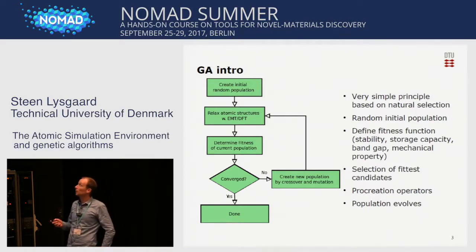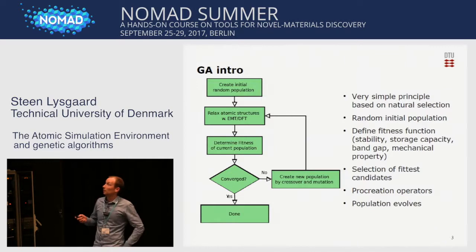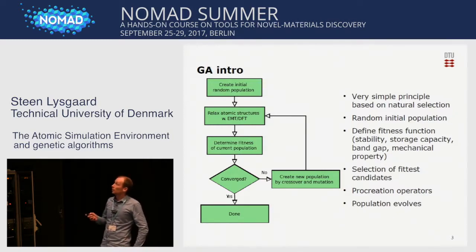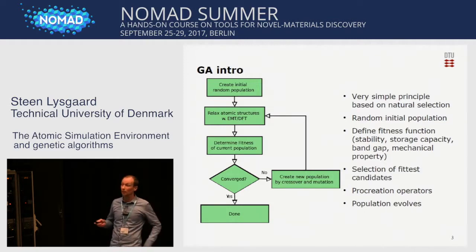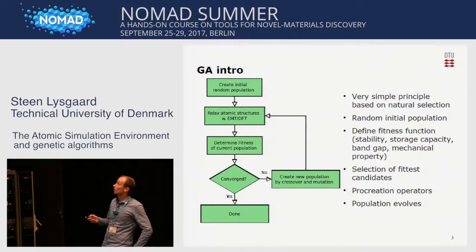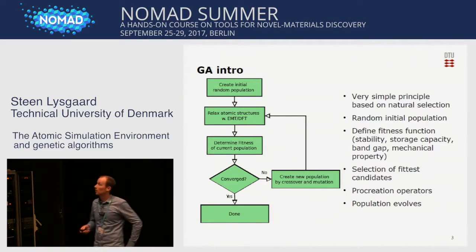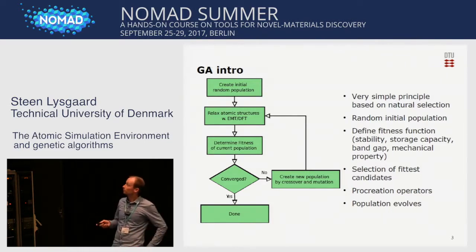You evaluate the candidates, and so in our case it could be you relax structures with DFT, and while you evaluate, you determine the fitness of your population. Now the fitness is the metric that you want to optimize. So that could be stability or band gap or any property that you wish to optimize in your phase space.